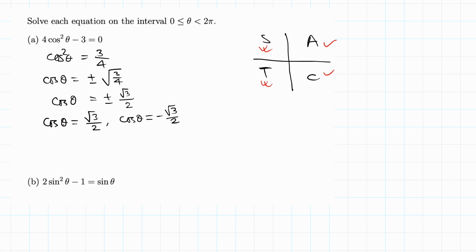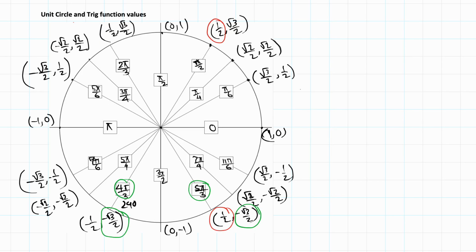And if we are using a unit circle, then cosine theta means x coordinate. So let's look at x coordinate root 3 over 2 on the unit circle, and x coordinate negative root 3 over 2 on the unit circle. So x coordinate root 3 over 2 here and here. Root 3 over 2 positive: pi over 6, 11 pi over 6.